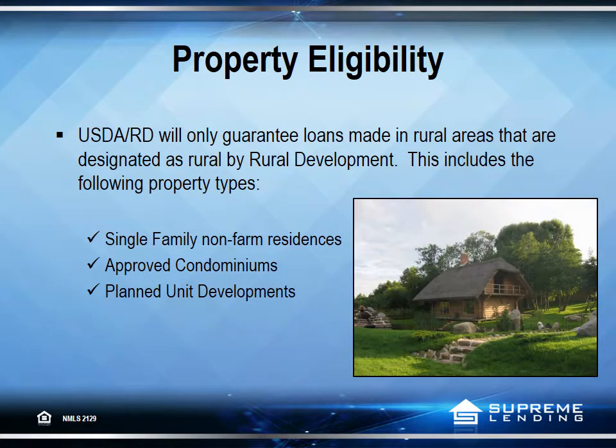Now we'll look at property eligibility. The USDA Rural Development will only guarantee loans made in rural areas that are designated as rural by rural development. This includes the following property types: single-family, non-farm residences, approved condominiums, and planned unit developments.